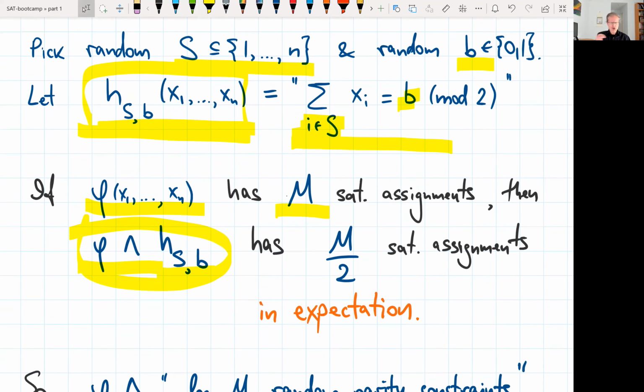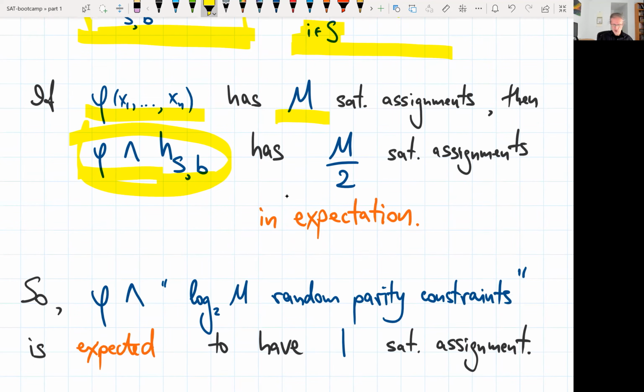So we expect to halve the number of satisfying assignments in the formula phi after conjuncting phi with one random constraint. Now, if you repeat it a few times, then you reduce by a factor of 2 in expectation each time. And so intuitively, if you do this random parity constraint addition about log of capital M times, where M, remember, was the number of satisfying assignments, and put phi conjuncted with this bunch of random parity constraints, then you expect to reduce the number of satisfying assignments of phi to 1.